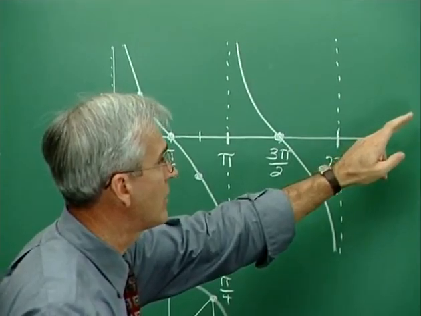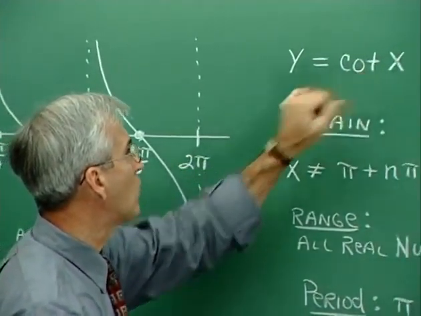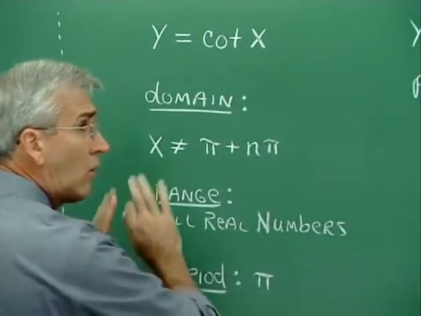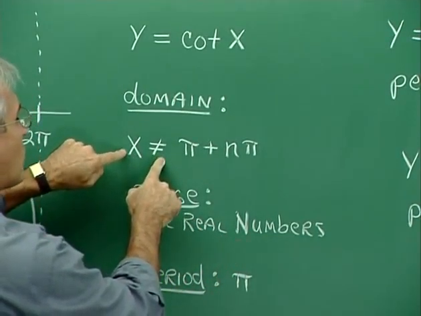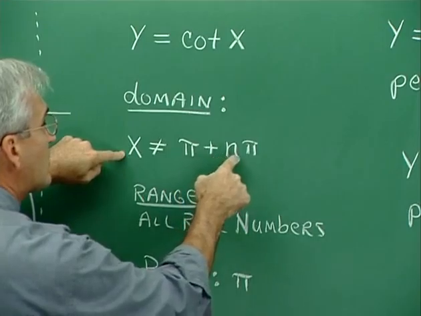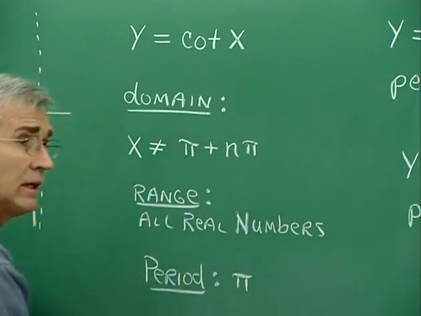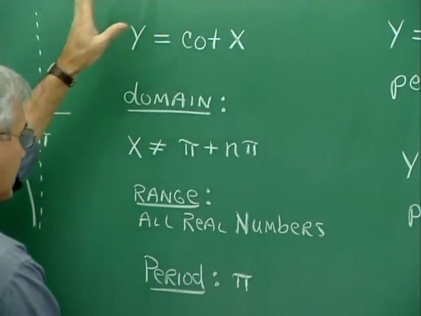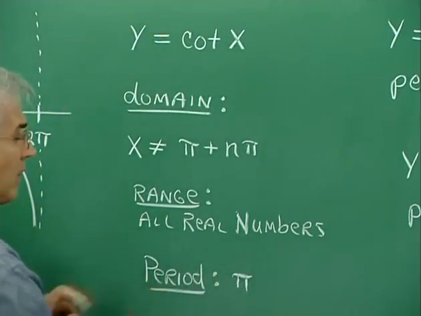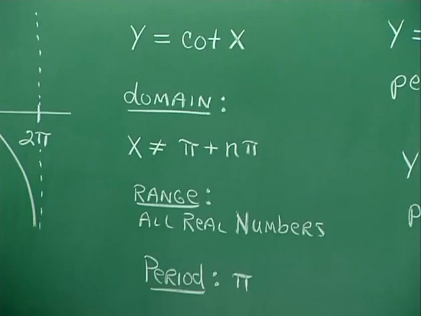So we can say that the domain for y equals cotangent x would be all real numbers except some, or we can simply say that x is not equal to n times pi, where n is an integer. The range is all real numbers because the graph goes out of sight up and down, and the period is pi, as it was with tangent.